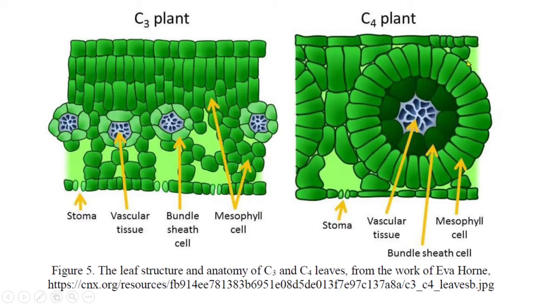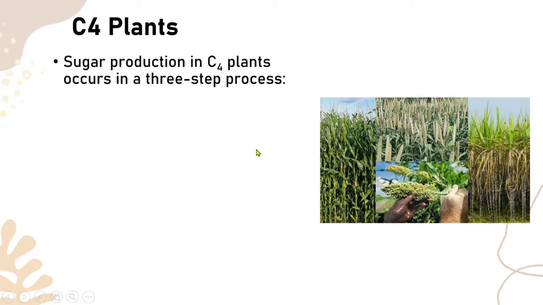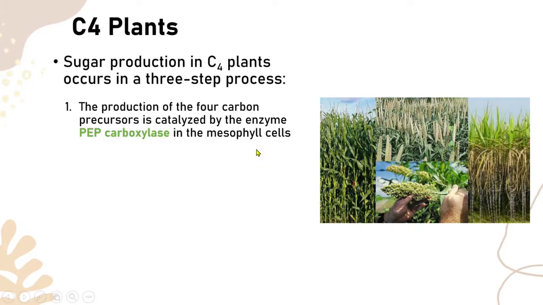So you will see that the mesophyll cell is over here. This is where the fixation of carbon dioxide into the 4 carbon molecule happens, and then the bundle sheath is where the Calvin cycle will be happening. Now, other things we have to take note of: the sugar production happens in 3 steps.